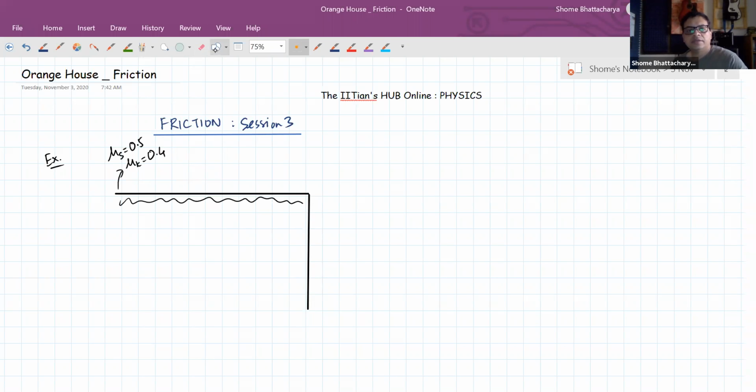Okay. And we have a system of blocks and a pulley, a standard smooth pulley attached at the corner.